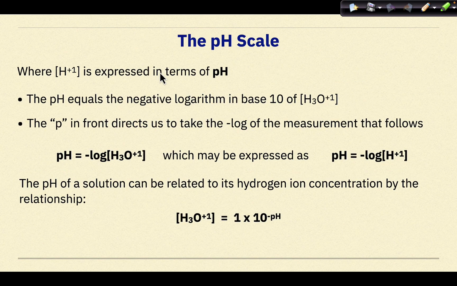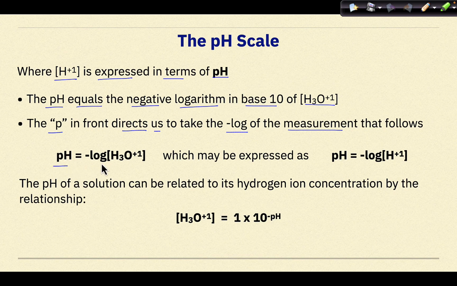The pH scale, where the hydrogen ion concentration is expressed in terms of pH. The pH equals the negative logarithm in base 10 of the hydronium ion concentration. The P in front directs us to take the negative log of the measurement that follows.